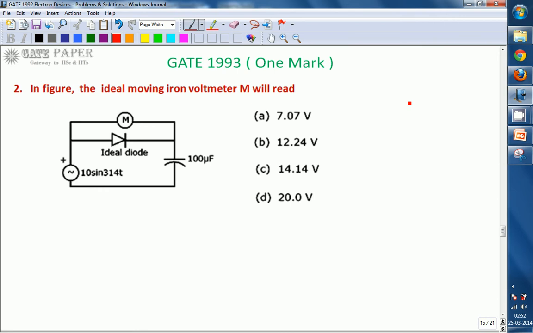Generally, moving iron voltmeters measure the RMS value of the voltage. Remember that: a moving iron voltmeter measures the RMS value.